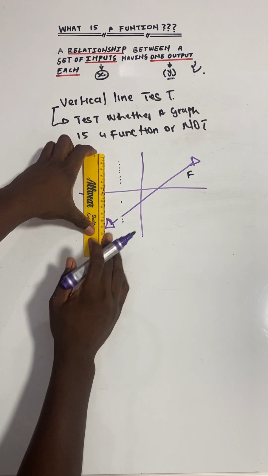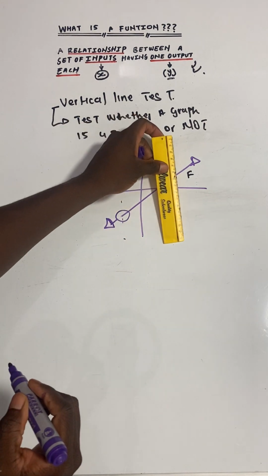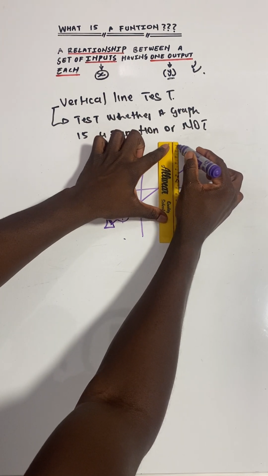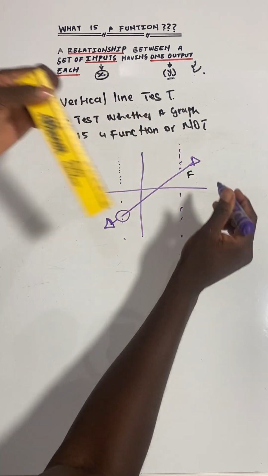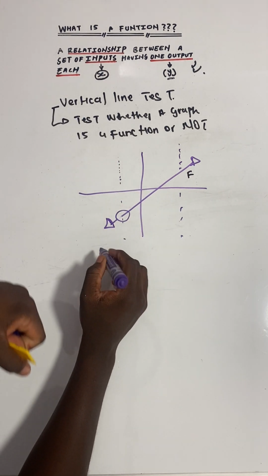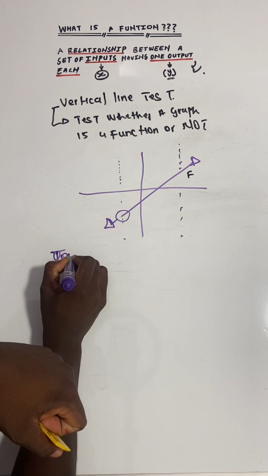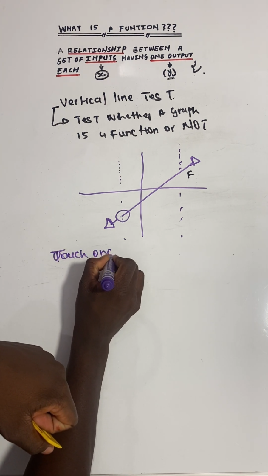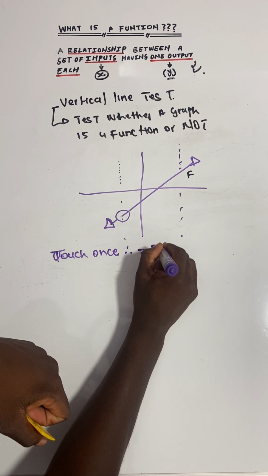You can see that when we move from left, this touches this only once at this point. You'd see again that when we move to the right, it also touches once. So what does that mean? If it touches once, then we can say, therefore, this is a function.